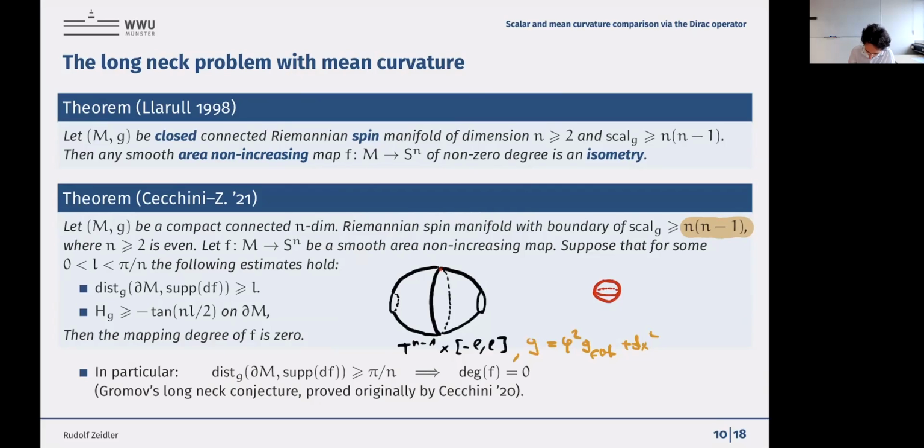You can take a small strip around this (n-1)-torus here, and it is possible to map it to the sphere with non-zero degree, in such a way that it is constant outside this small strip.